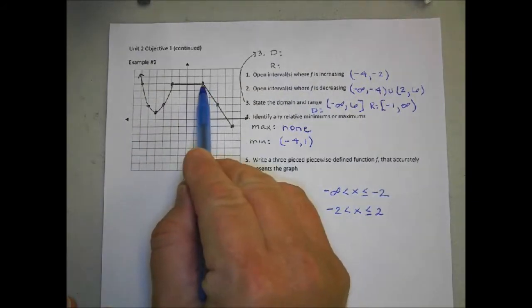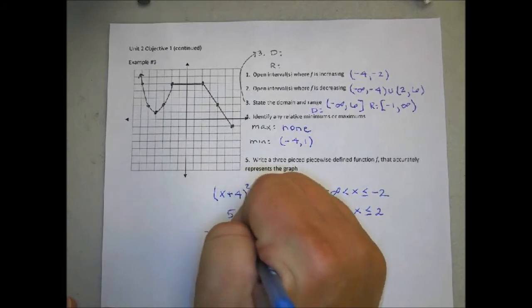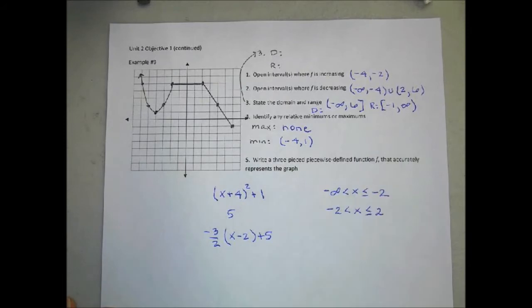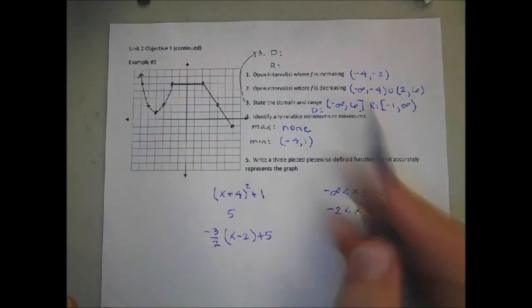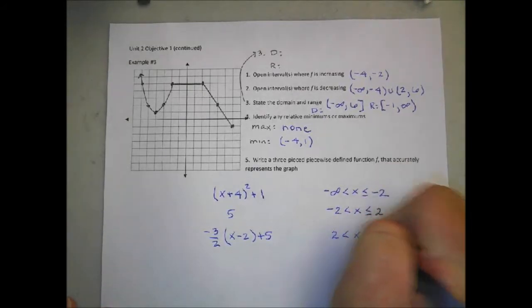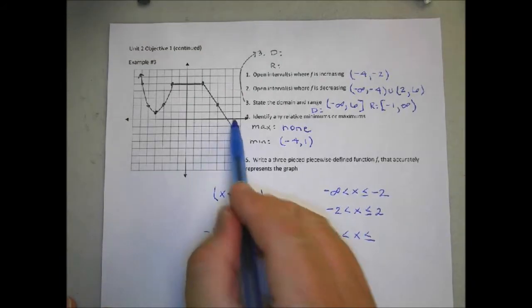Well, in order for that point to be on the line, it has to be -3/2 times x minus 2 plus 5. And that would be for all values of x that are between 2 and 6.